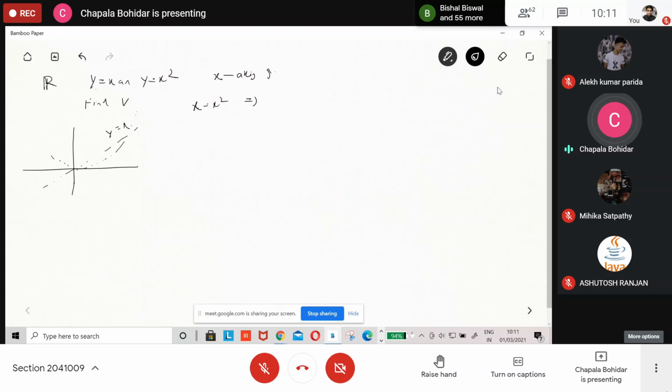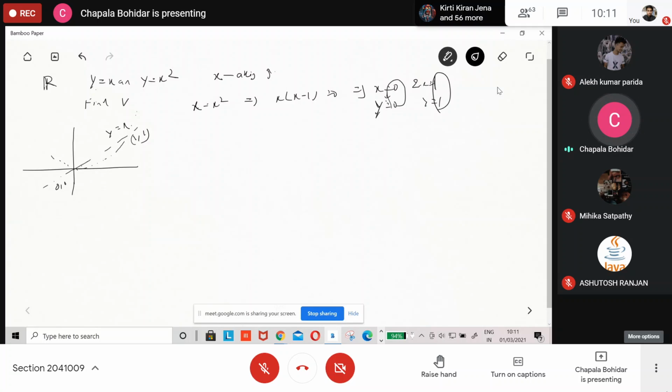This implies x times (x minus 1) equals 0. I am writing directly here. This implies x is equal to 0 and 1. When x is equal to 0, y is equal to 0. When x is equal to 1, y is also 1. So my intersection points are (0, 0) and (1, 1).